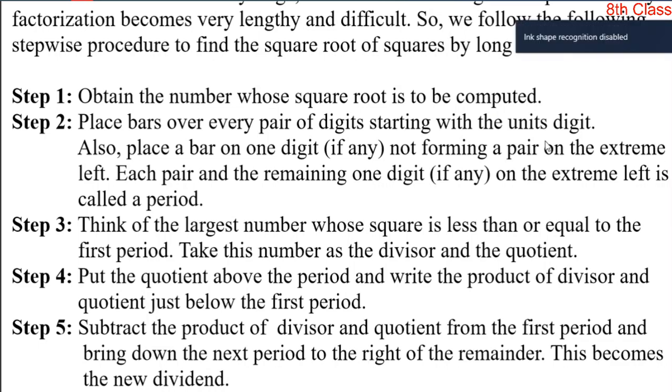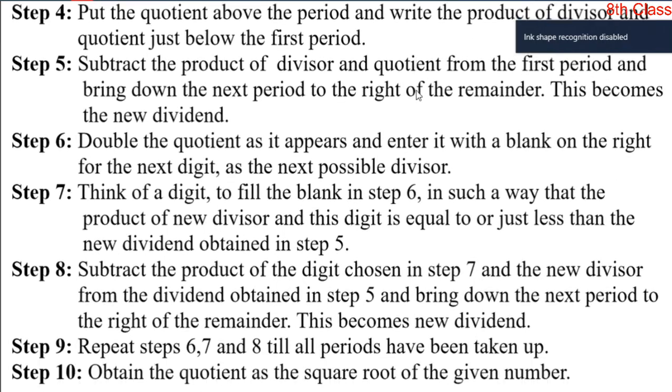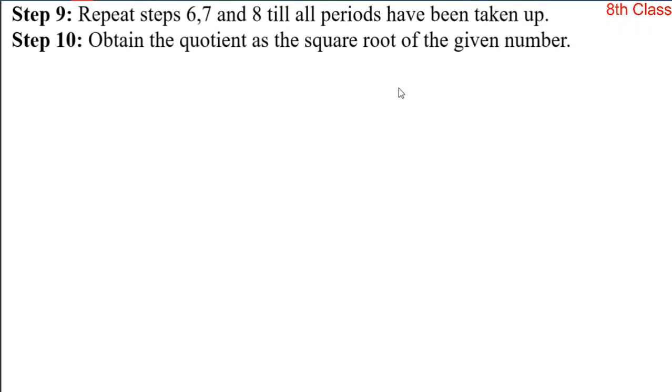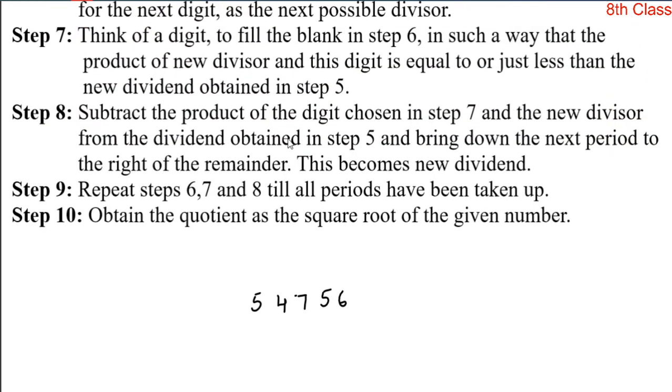Let us take one number, that is 54,756. Now we are finding the square root of this number 54,756. It's a 5-digit number, a very large number. So that's why we are following the long division method to find the square root.